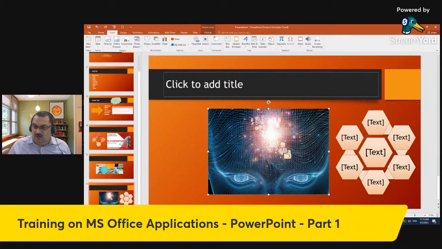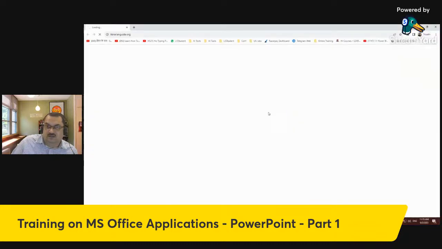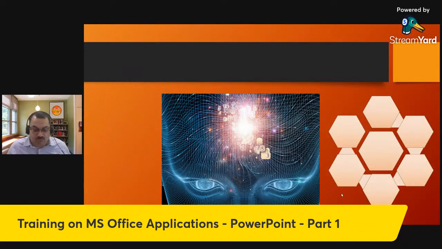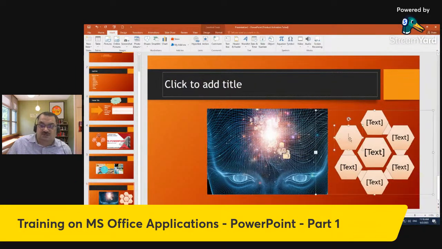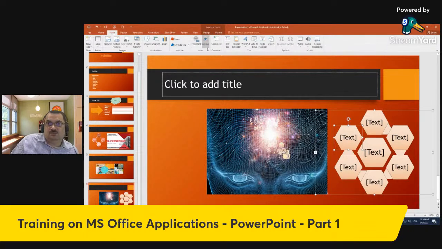So when I'm running this slide, when I click on this, it will take me to the website of librarianguide.org. You see now it has opened the website of librarianguide.org. So we can hyperlink the different text or object. Just you need to select that and then you add it. So this is the beauty of this links option.